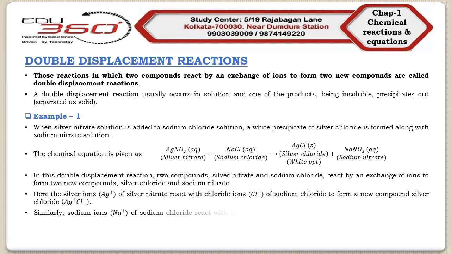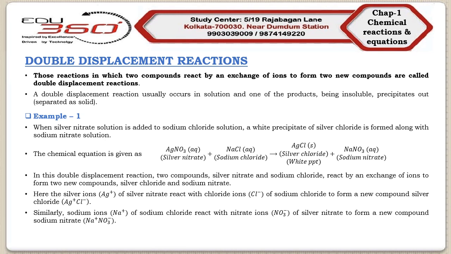On the other hand, the sodium ions, that is Na+ of sodium chloride, are reacting with the nitrate ions, that is NO3−, of the silver nitrate, to form the second new compound, which is sodium nitrate in the form of a solution, given by Na+ NO3−.